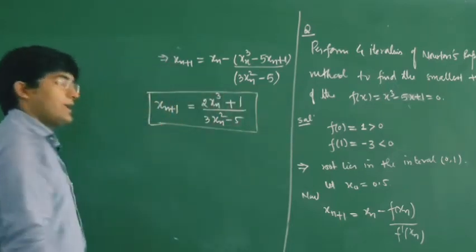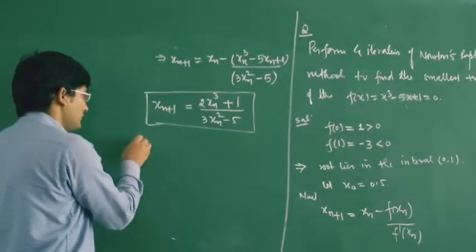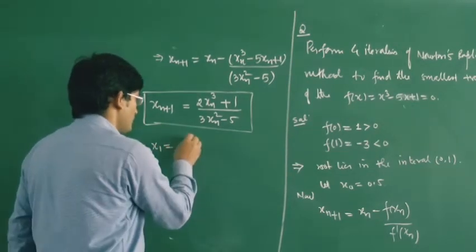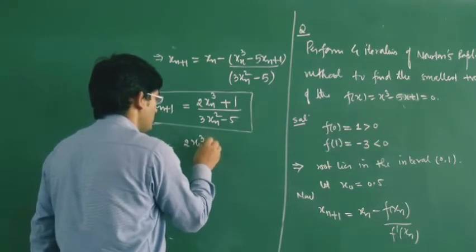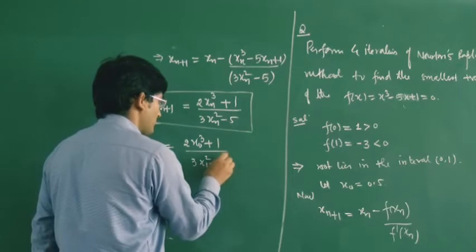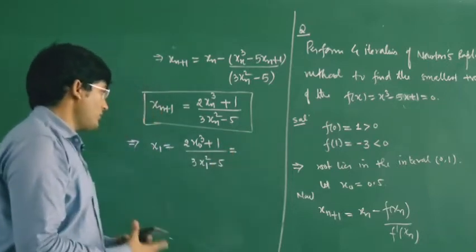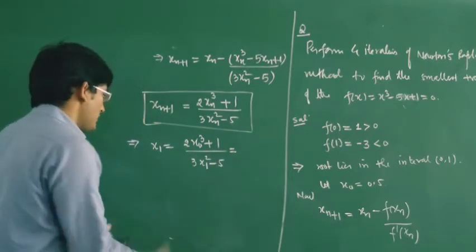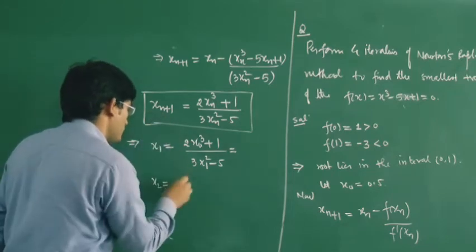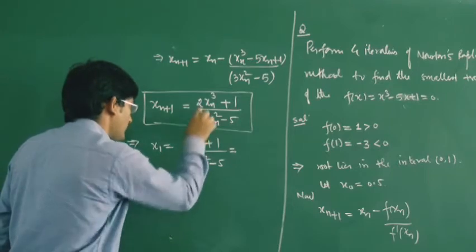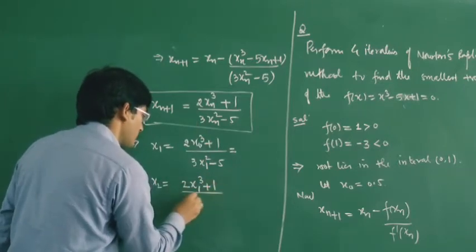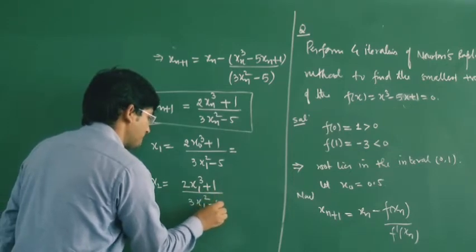Now if you put n equal to 0, then x1 = (2x0^3 + 1)/(3x0^2 - 5), so from here we will have the value of x1. If you put n equal to 1, then we get x2, and on the right hand side we will have (2x1^3 + 1)/(3x1^2 - 5).